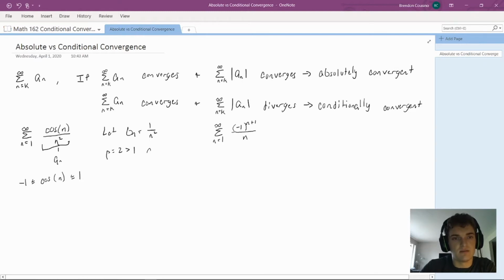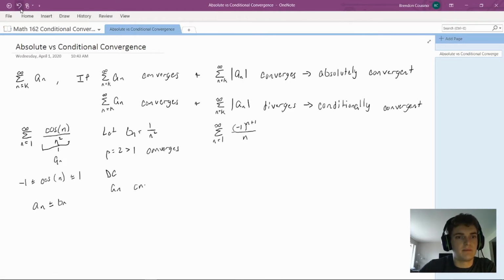Since cosine is always less than or equal to 1, our a of n is always less than or equal to b of n. So by direct comparison, a of n converges.